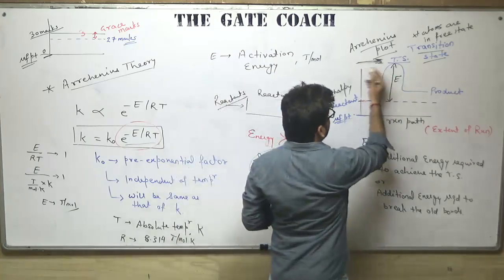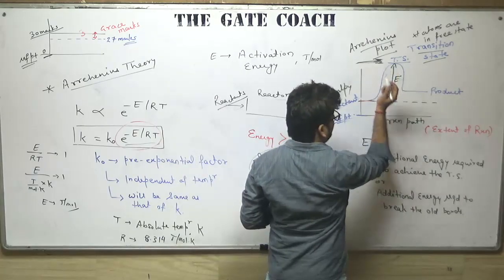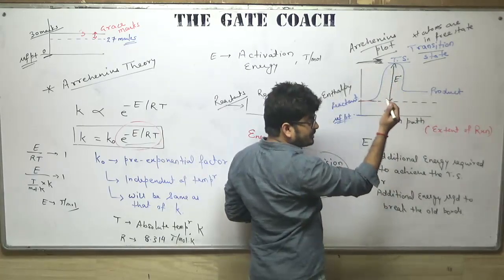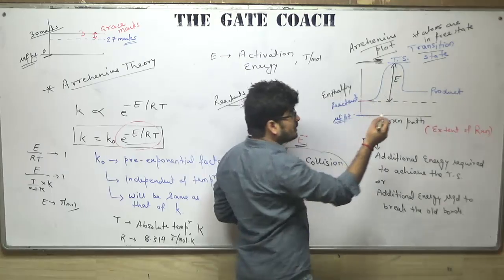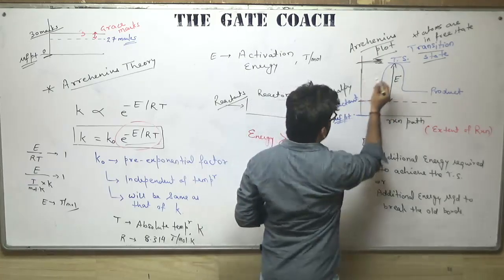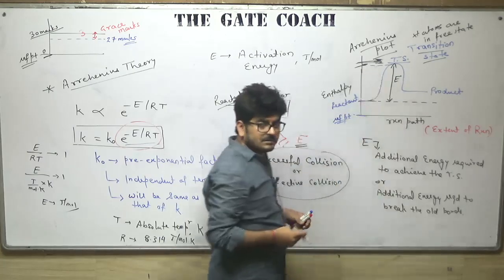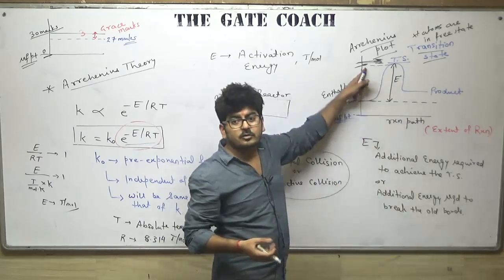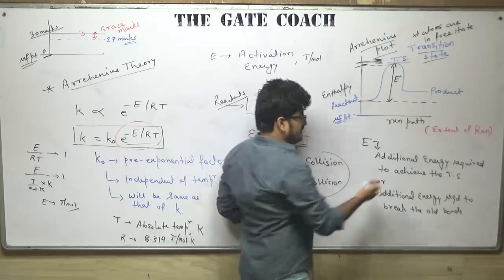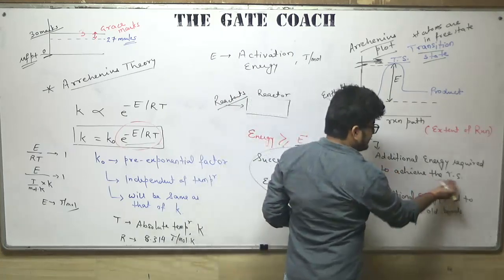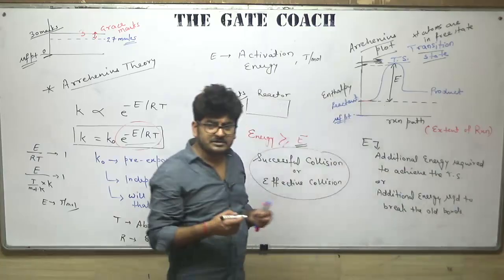So what should be the minimum energy of the molecules to participate in the reaction? This is the minimum energy of the molecule. So this minimum energy required to achieve the transition state is called activation energy.